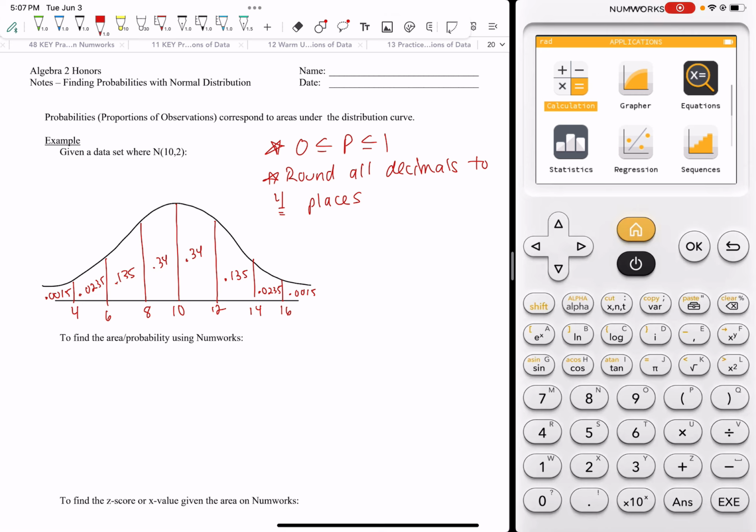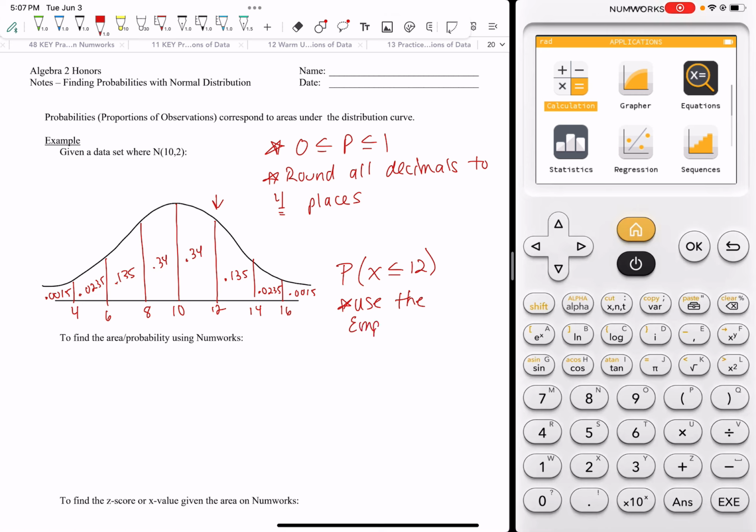So let's say that I want to find the probability when x is less than or equal to 12. If you look at our distribution curve here, 12 is actually a nice number. It's a perfect standard deviation away. When that happens, you're going to use the empirical rule. You're not going to grab the calculator, okay?